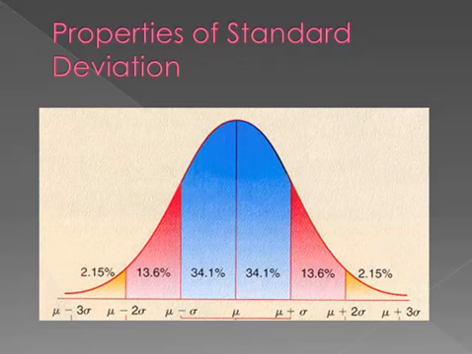But before we get into it, I just want to remind you again about the idea of the symmetrical nature of a normal distribution, right? Remember that between 0 and +1 standard deviation, 34.1% of all of our scores should fall. That's also true for the percentage of scores that should fall between 0 and -1 standard deviation. So this is a symmetrical distribution.